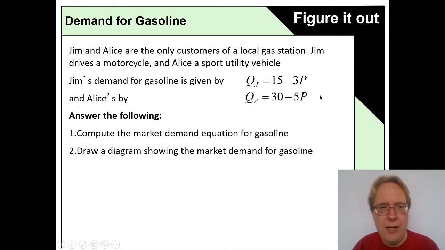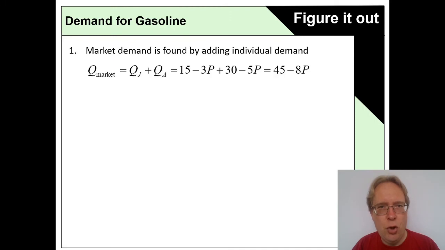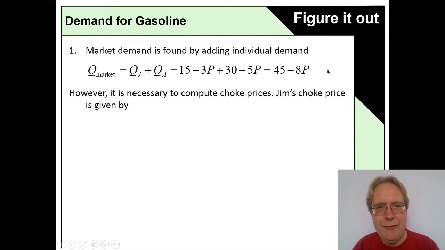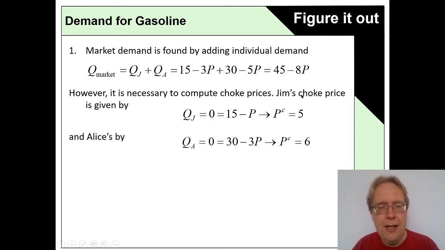However, you have to take into account these choke prices. So this is what I did for market demand. That gives you 45 minus 8p, simply the sum of the two individual demands. But you have to take those choke prices into account as well. This part here was Jim's demand. So if you put that equal to 0, you get that his demand is 0 at a price of 5. So that's his choke price.